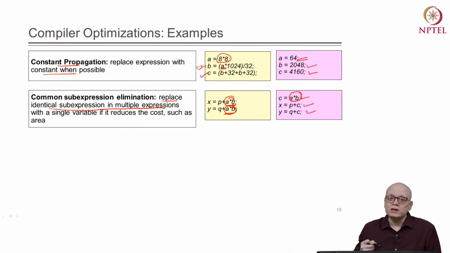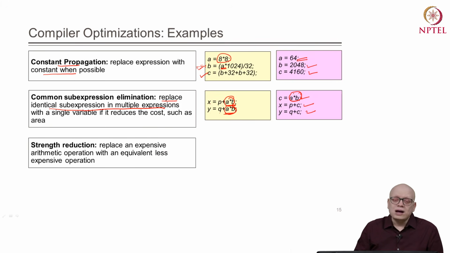Those techniques are applied during later phases of logic synthesis, in particular during logic optimization. When we look at logic optimization, we will see how common sub-expressions are discovered for Boolean expressions and how they can be optimized. At this stage, common sub-expression elimination is performed mostly for the arithmetic operators.